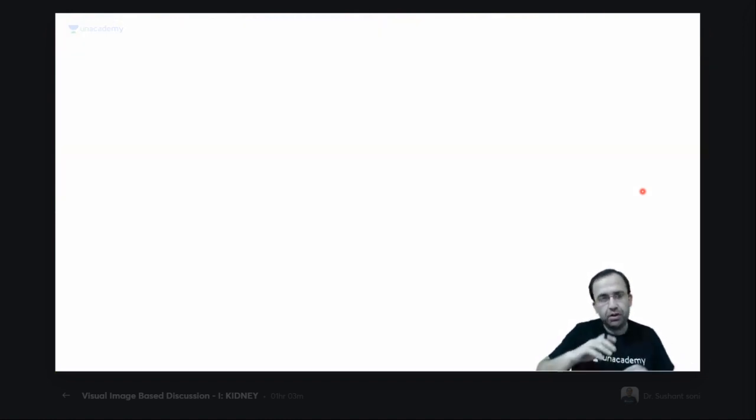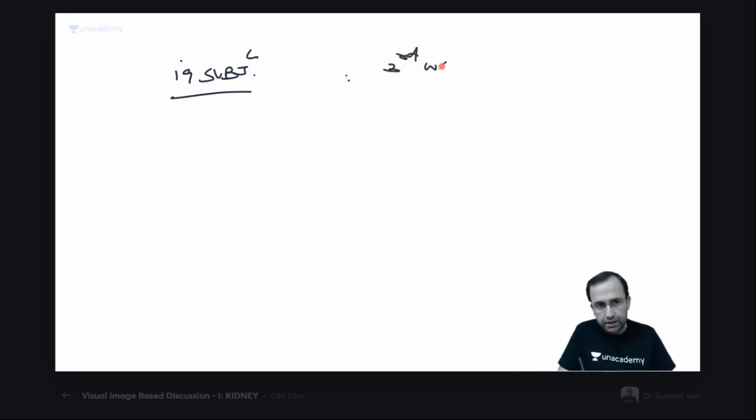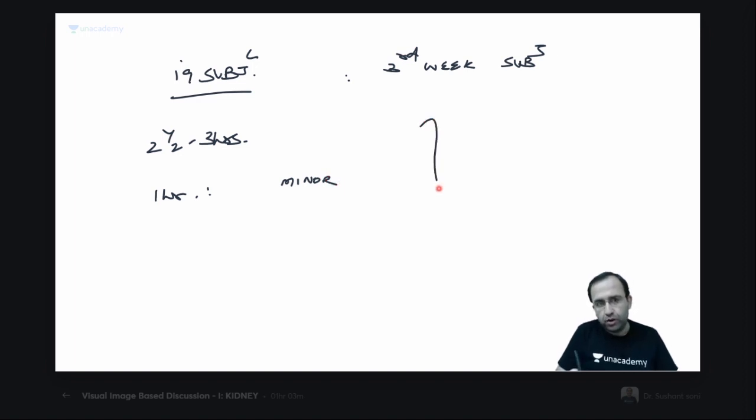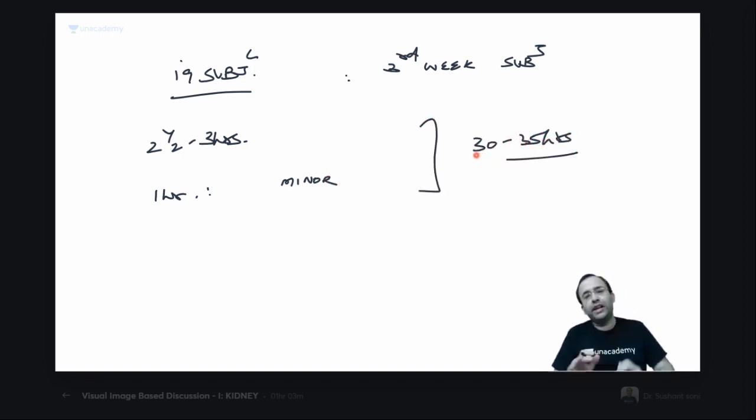Next point, I'm sure everybody would be aware that visual image-based discussion of all 19 subjects will be conducted in the third week. In the third week of September of all 19 subjects, each subject being given 2.5 to 3 hours for the major subjects and about 1 to 1.5 hours for the minor subjects. So a total of 30 to 35 hours of discussion will be there in all 19.